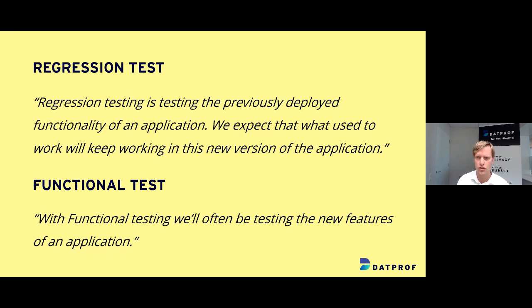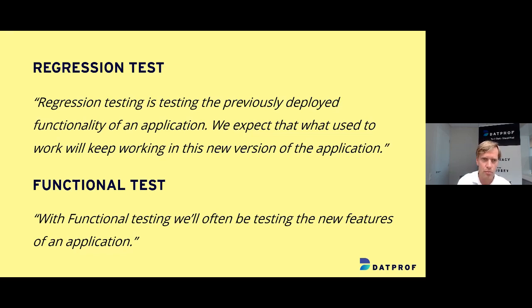So new features, not only existing features. With this in the back of our minds, the difference is that regression testing can well be executed against what we already have in production, because we already have existing data in our databases. So we could really use production or production-like data to make sure that the functionality of an application is still working.